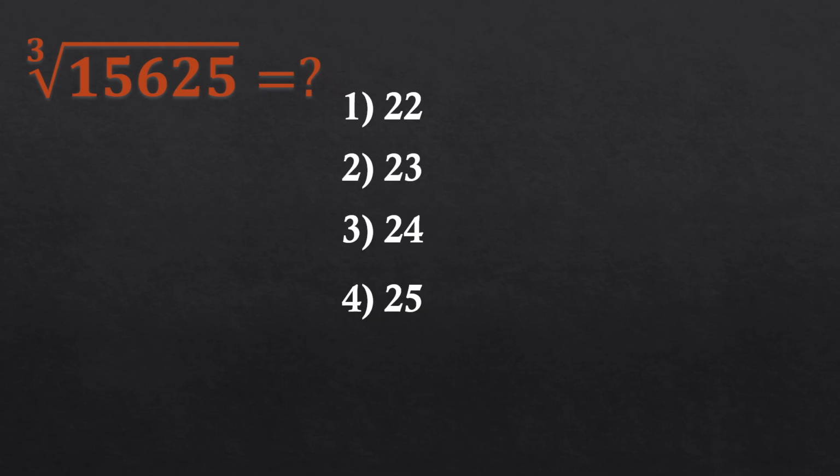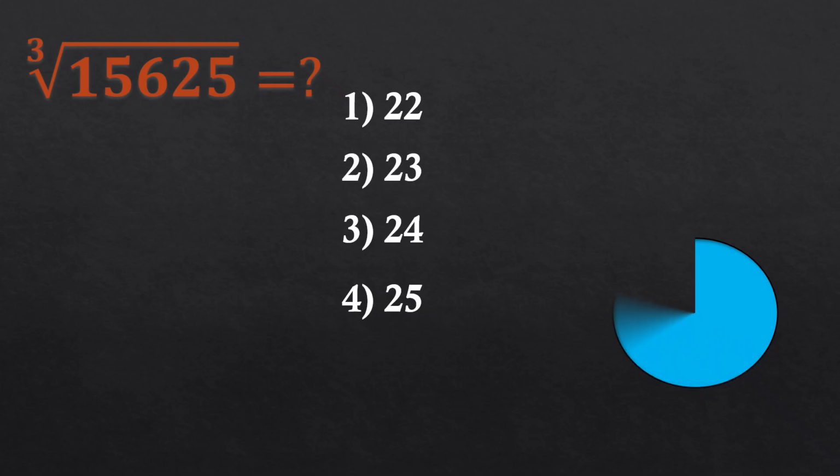Next one is the cube root of 15625, and your timer starts now. Try to solve it. What is the first step? You need to see the last digit. The last digit is 5.